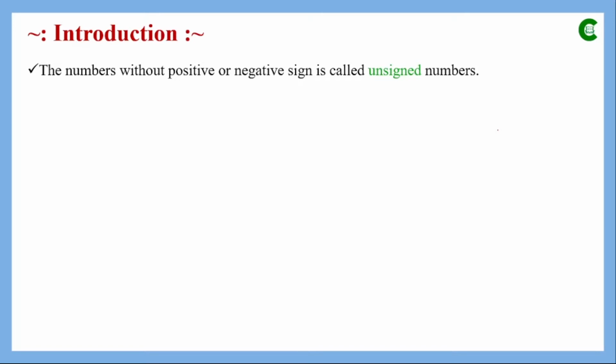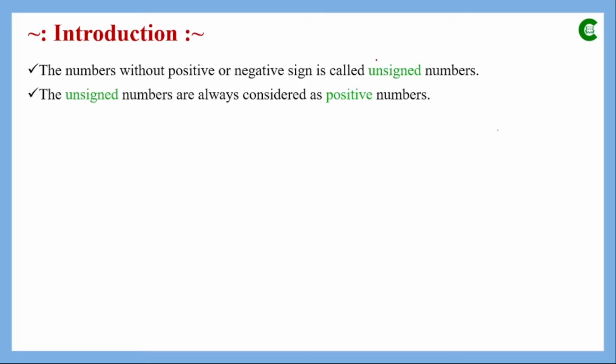If the number does not have any sign, be it positive or negative, then that number is called an unsigned number. And unsigned numbers are always considered positive. Suppose I say 30. We know this is a decimal number and a positive number. Why is it positive?